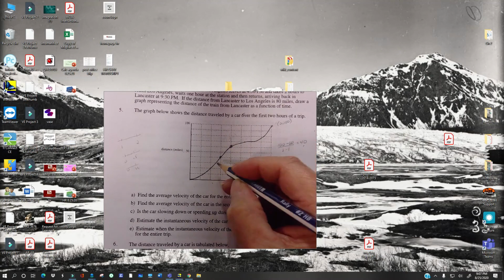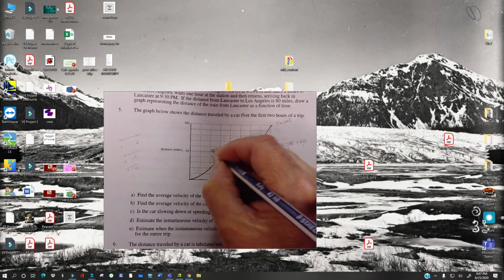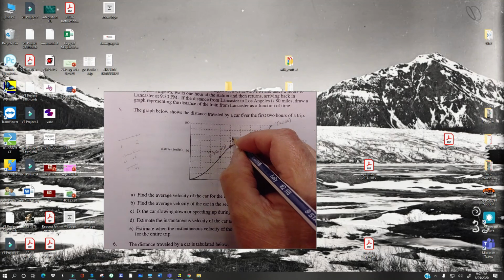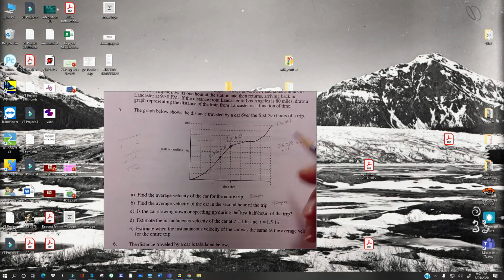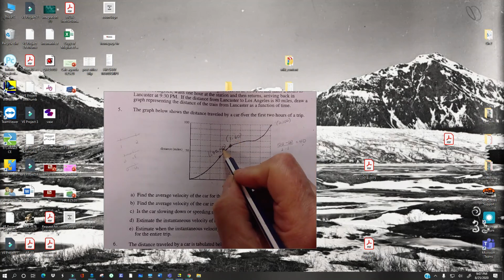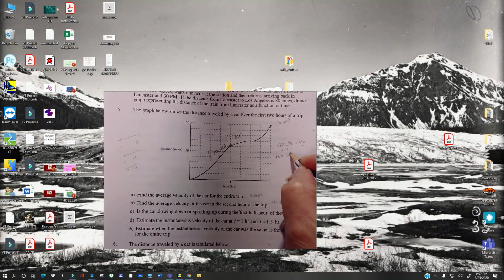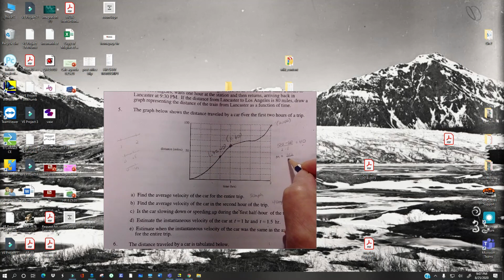This is the point 0.75 comma 40. This is the point 1 comma 60. So if I compute that slope, I'm going to have 60 minus 40, which is 20, over 1 minus 0.75, which is 0.25, and that's 80 miles an hour.